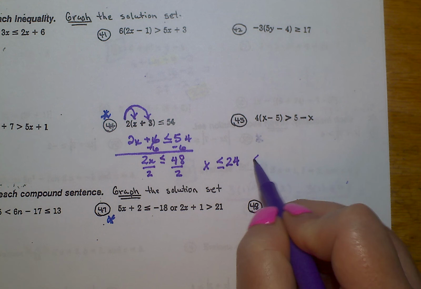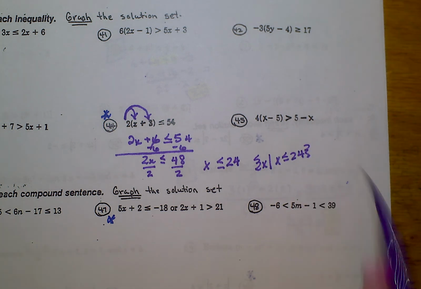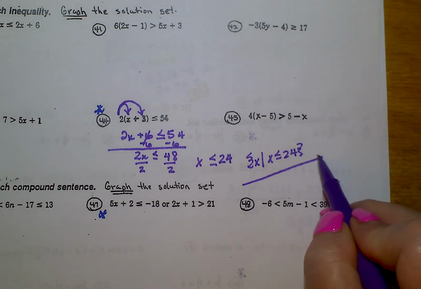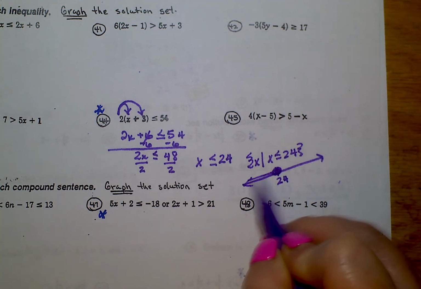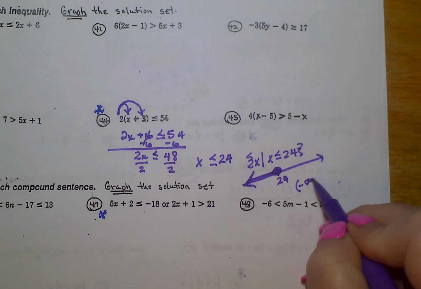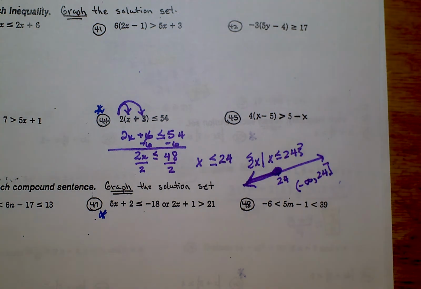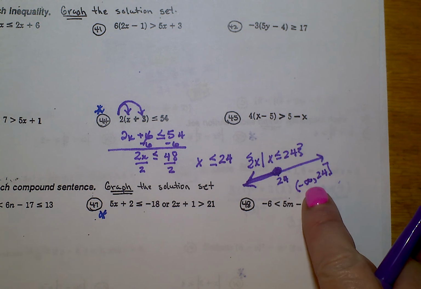So with that one, you're going to put it into Set Builder. Then you're going to graph it, closed on 24 to the left. So that's going to be -infinity, 24 bracket. And that was your set, your graph, and your interval.